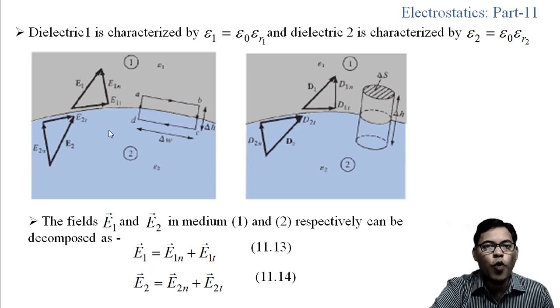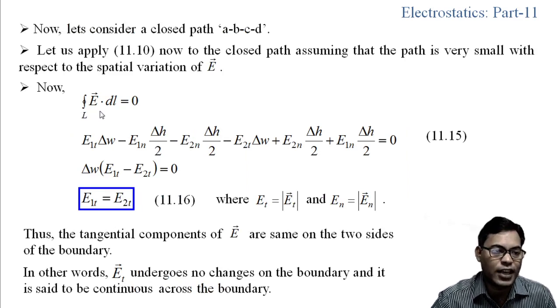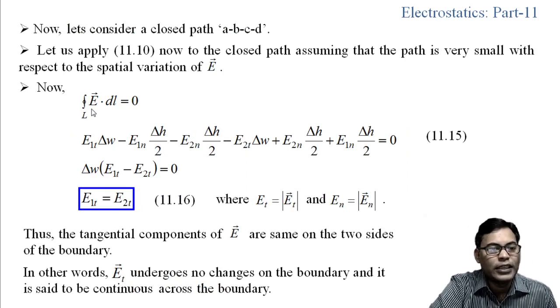So the total work done to move the point charge from A to B, B to C, C to D, D to A, we need to calculate, and this calculation can be done by Maxwell's equation, that is, the line integral of E dot dl equals 0. So here we need to know the component of E and the path through which the charge is moving.